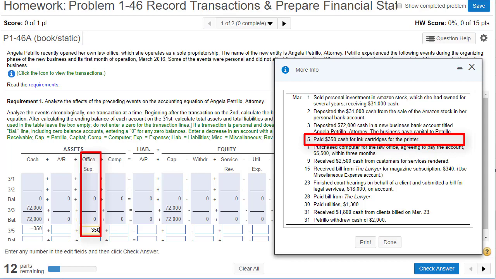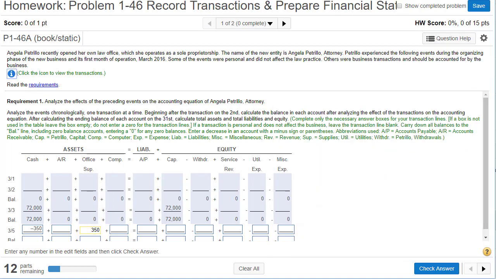Now, before we move on, we should double check that the two accounts have an equal effect on each side of the accounting equation. We have positive 350 minus 350 on the left side, which is a 0, and we have 0 on the right side, so the equation balances. Now we bring down the totals, but remember the instructions say we do enter zeros for the total row.